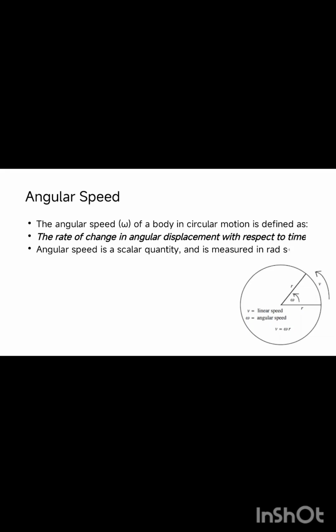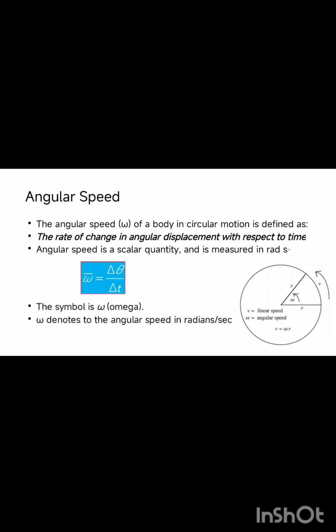As we write the formula for linear speed, v equals distance divided by time, similarly for angular speed we have angular displacement divided by time. The difference between linear speed and angular speed is that instead of using distance divided by time, we use angular displacement divided by time.